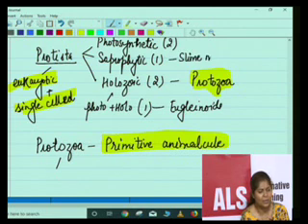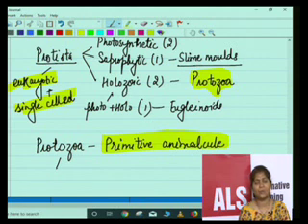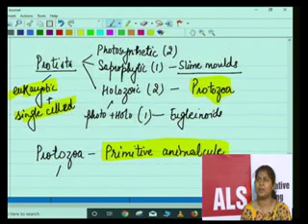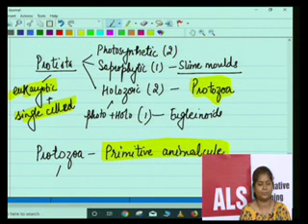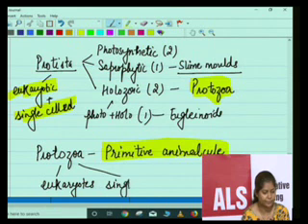So who is going to tell me why we did not place such slime molds under kingdom fungi? You have done with all these things. Tell me why we don't place the slime molds under kingdom Protista. Yes, quick. Don't have much time.